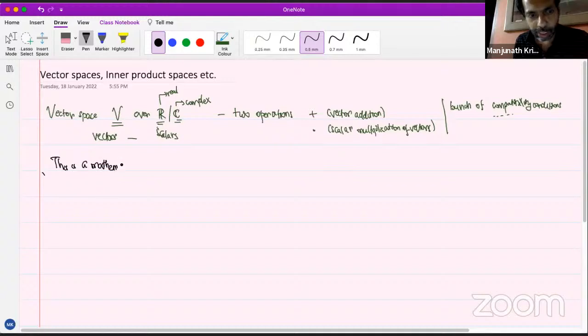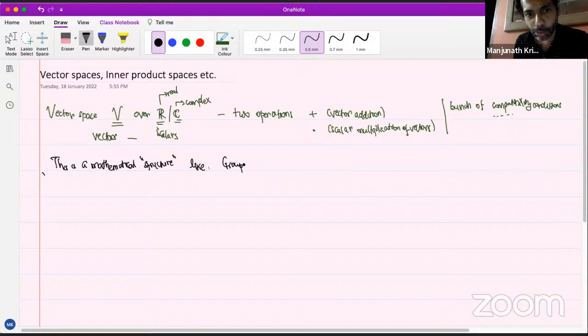If you ask me what a mathematical structure is, I won't be able to say, but you can understand it with many examples.